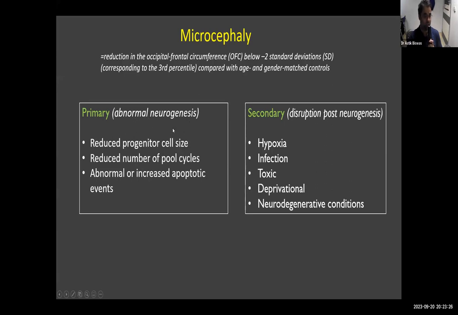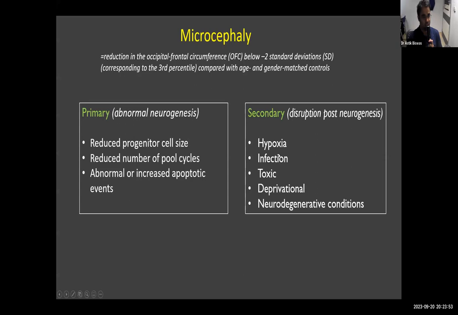We saw the ventricular zone and subventricular zone and how important they are for proliferation. So if the progenitor cell size itself is small, then the resulting brain is also small. Other important factors are a decreased number of cell cycles or increased apoptotic events that can occur due to, again, many genetic conditions. Secondary is disruption.